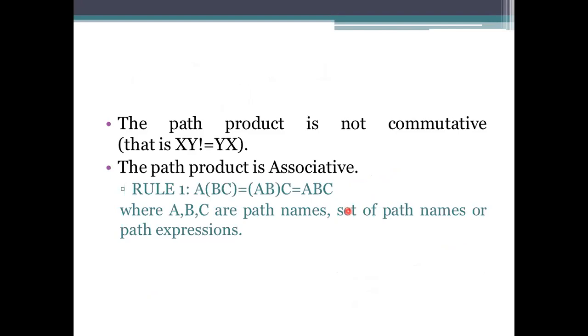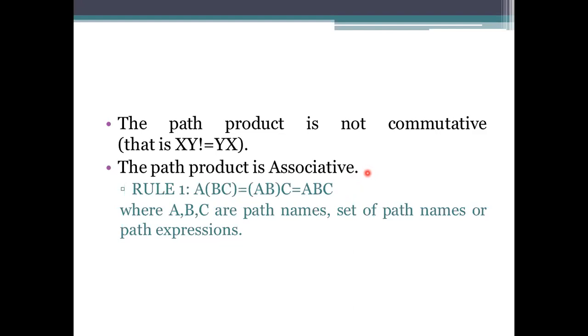These 16 rules are used for reduction of the path expression that we considered for the flow graph. The first rule is that the path product should be associative, which is not commutative.